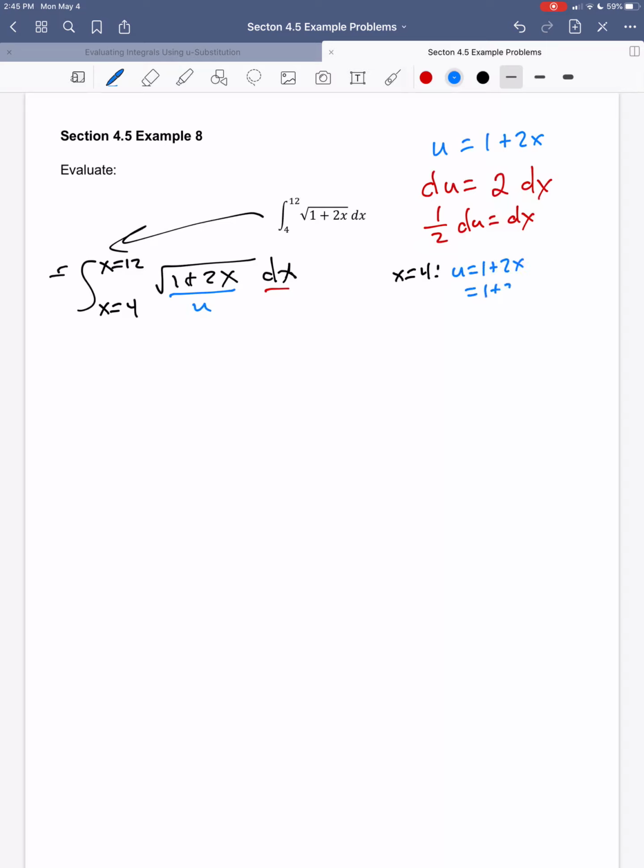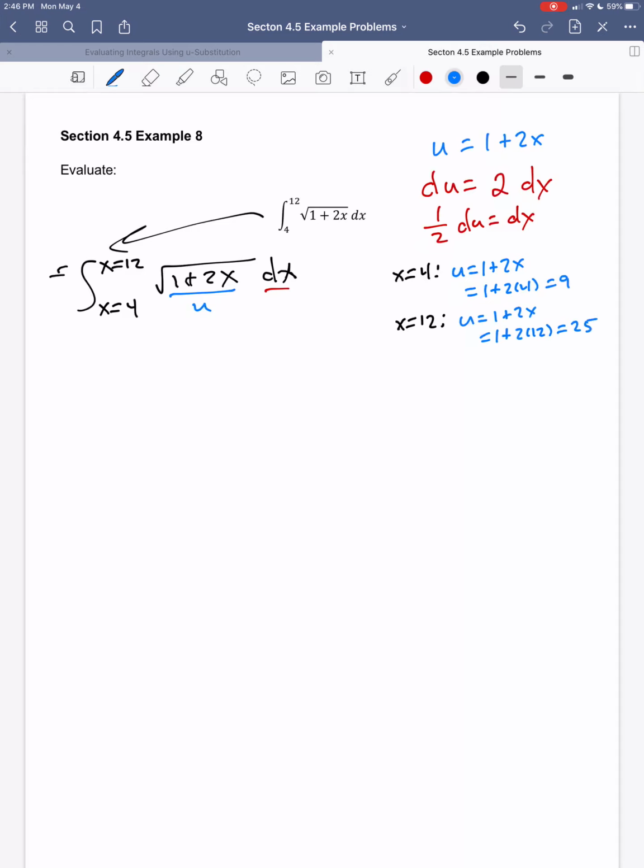So that's 1 plus 2 times 4, which will be 9. And instead of x equal 12, I'm going to let u equal 1 plus 2x. So that would be 1 plus 2 times 12, which would be 25.